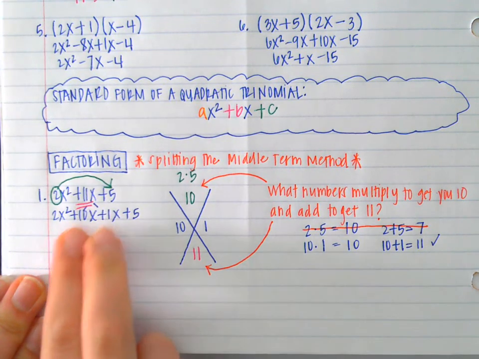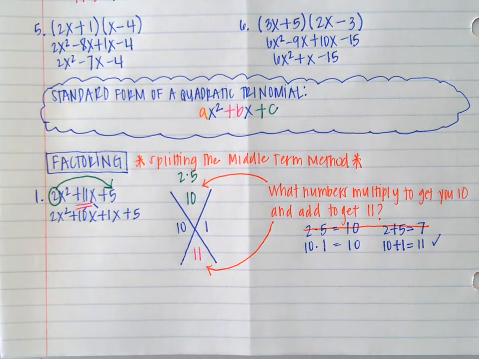We just split it up into two separate terms. Okay, so now we have 4 terms. And so what we use is the method that you guys have already learned. We use factoring by grouping.